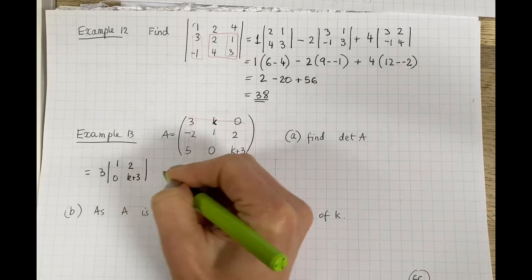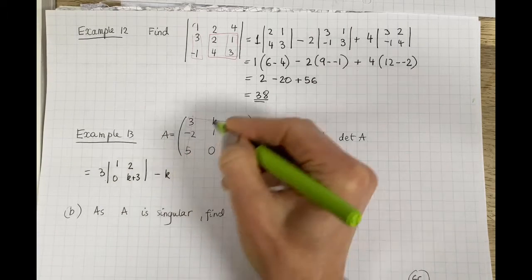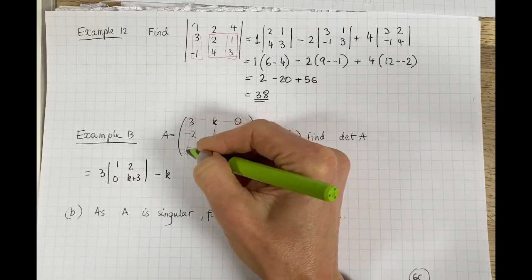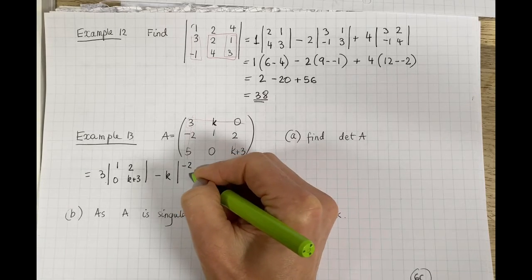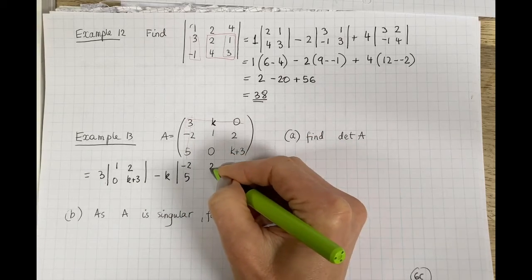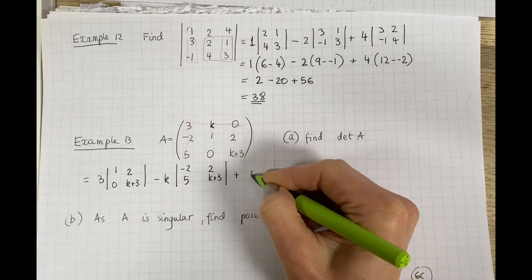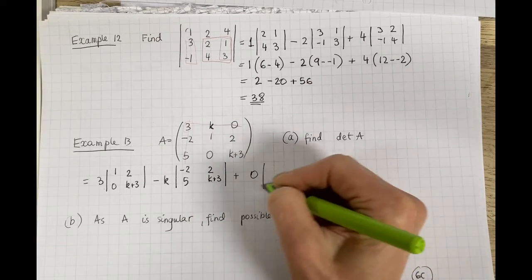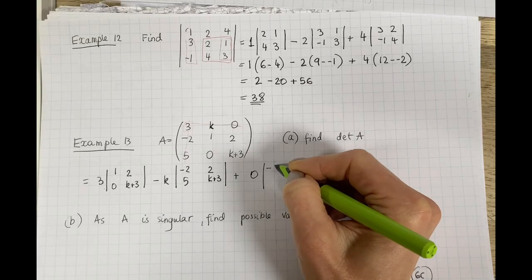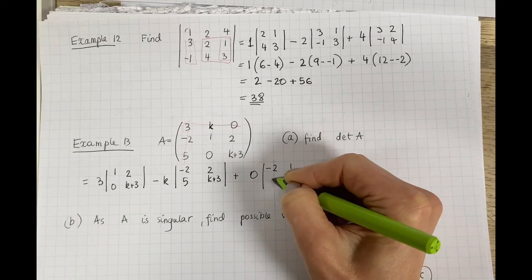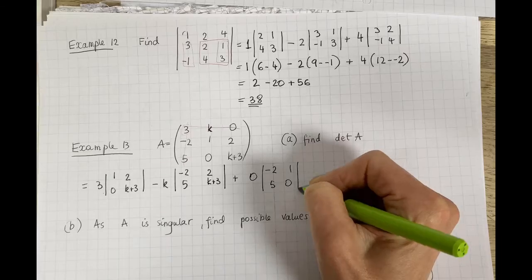There you go, that's the first one. Then you do minus K, and then you'll be left with minus 2, 5, and then 2 and K plus 3. And the last one is 0 times, I'll write it down, although if it's 0 you multiply it by anything, it's going to be 0, so you could have just left it at 0.